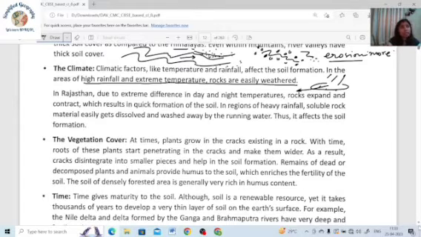So the physical properties are also renewed by the rainfall or by the leaching process. That is missing in the less rainfall zone.